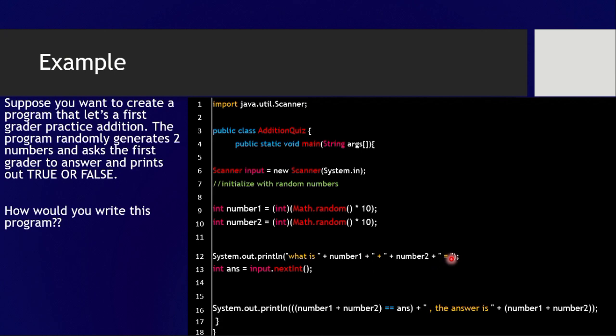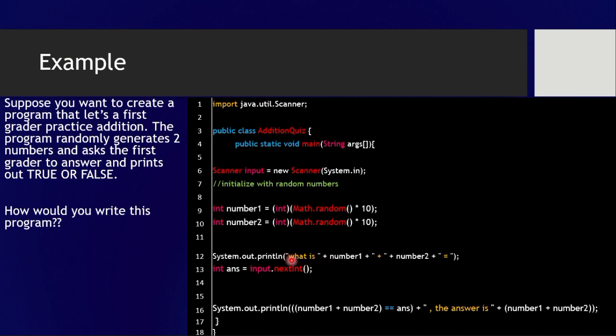I think I haven't talked about concatenation, so let me talk about concatenation here. Concatenation lets you write a lot of things within a println method, and it is done using a plus.